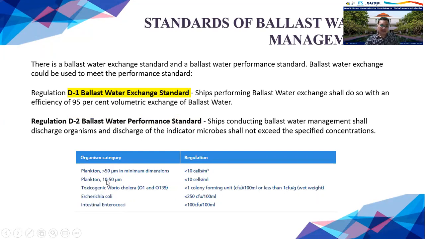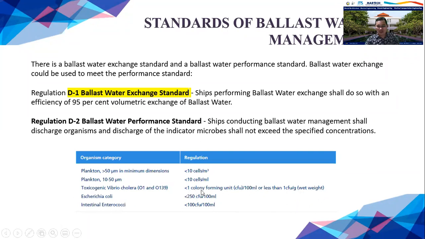Then the plankton of 10 to 50 micrometers shall be less than 10 cells every 1 milliliter. Another one is toxicogenic Vibrio cholerae, Escherichia coli, and intestinal enterococci. Yeah, these are some requirements.